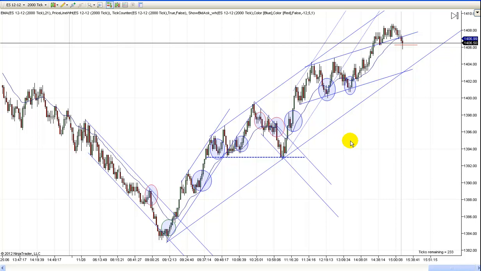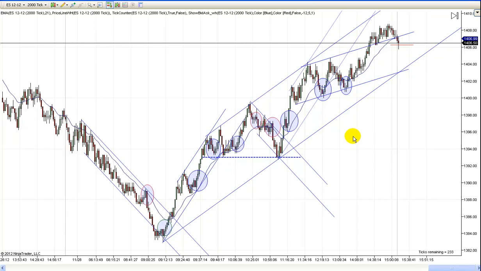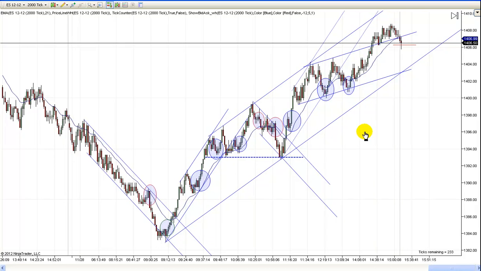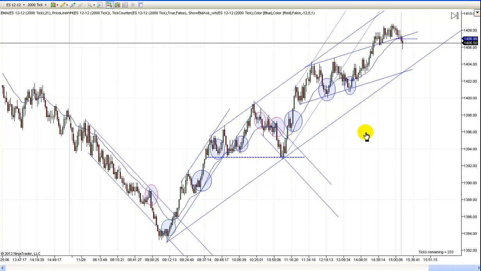I'd only do it once, but it would be enough to erase a week or two weeks or a month or two months' worth of trading results. So anyway, I didn't mean to get that far into that, but since it came up, it was worth discussing. Just remember, you've got to control the emotions as much as you've got to learn how to read a price chart. But anyway, let's get started on the trades.